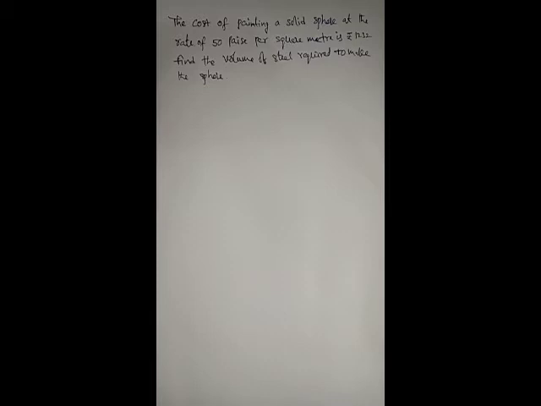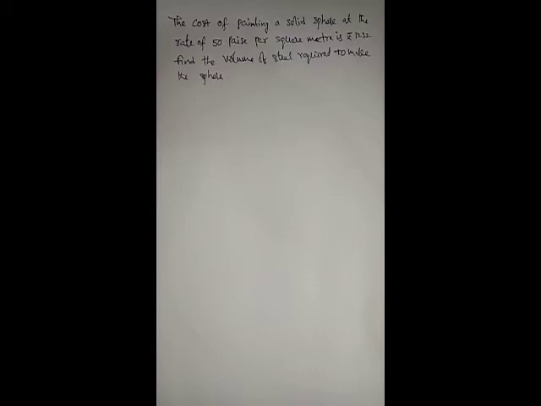Find the volume of steel required to make the sphere. To solve any type of problem, first identify what is given in the question, next what we can find, note it down, use the related formula and solve the problem.